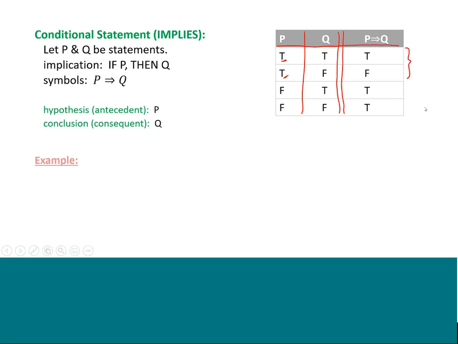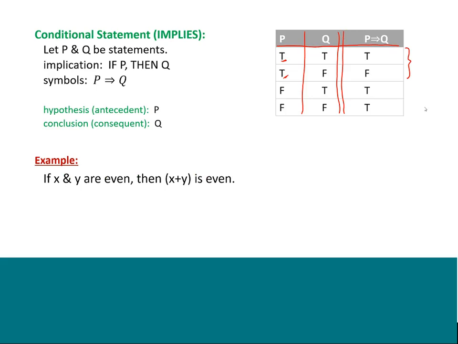Now, I've got an example prepped up that hopefully tries to illustrate this, and it's in terms of a math statement. Suppose you're trying to check the validity or the truth value of the statement that starts with, if x and y are even integers, then the sum x plus y is also an even integer.